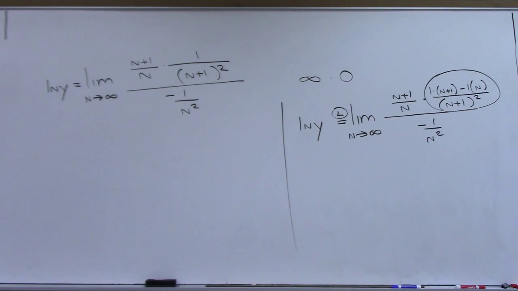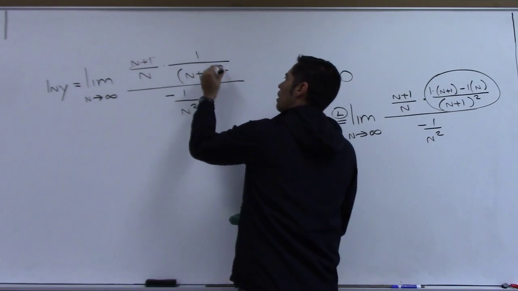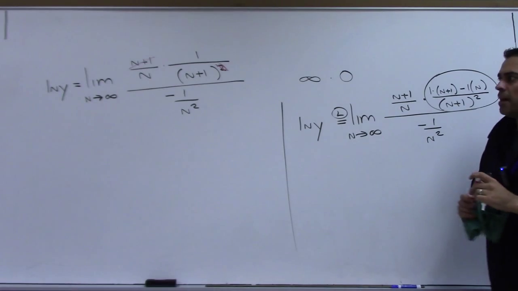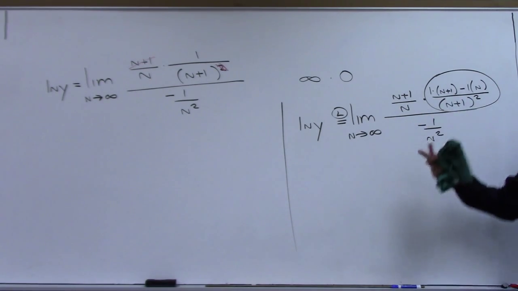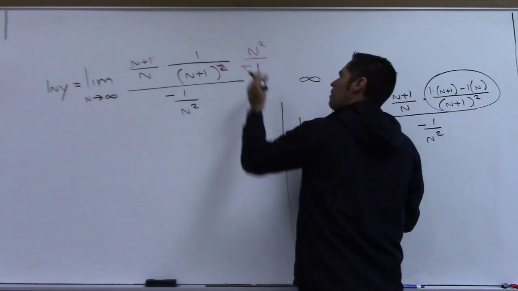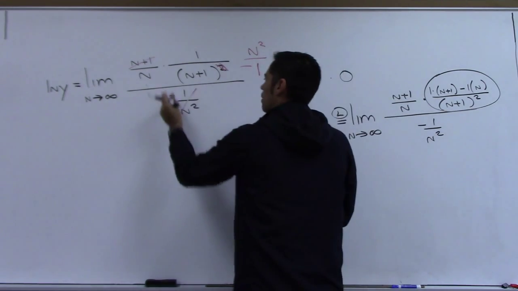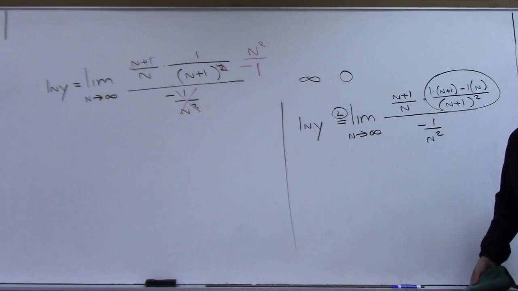I can cancel out one of the n plus 1s. The negative 1 over n squared on the bottom flips up, becoming n squared on top and negative 1 on the bottom. I can cancel one of the n's.